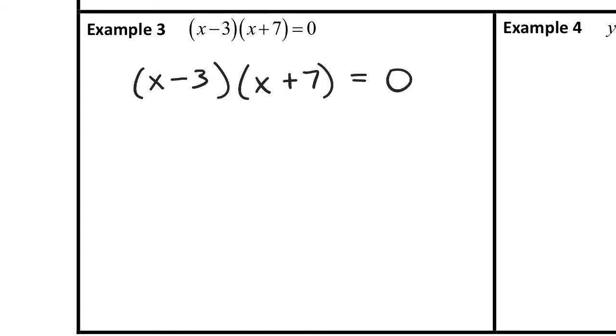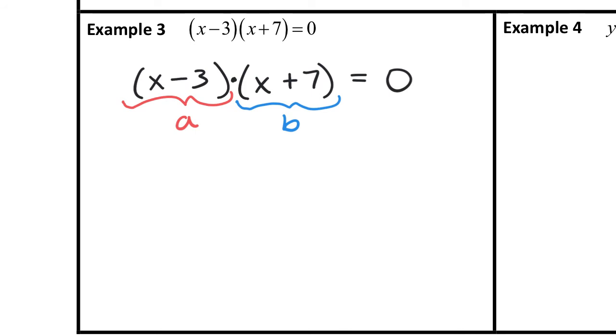So the zero product property says that if I'm multiplying two things, let's call this A and B. If I'm multiplying two things, because there's multiplication happening right here in between the parentheses, and my answer is 0, that means that either this parentheses is 0 or this parentheses is 0.